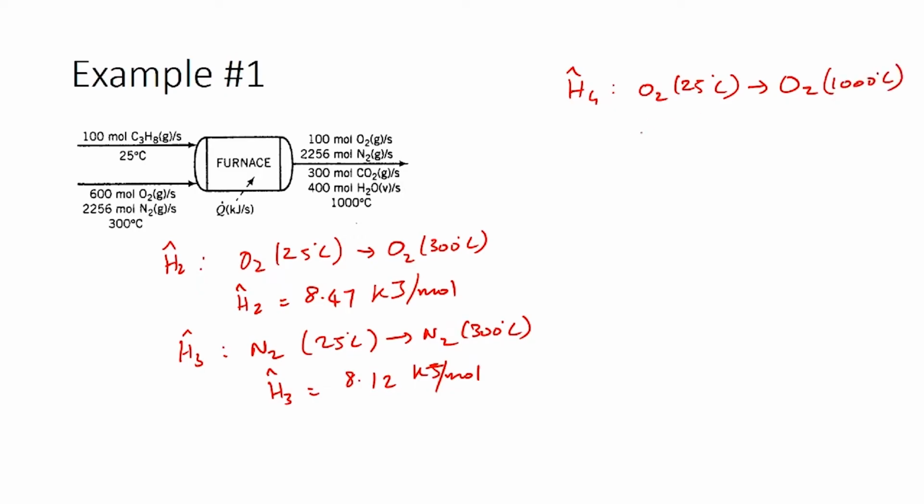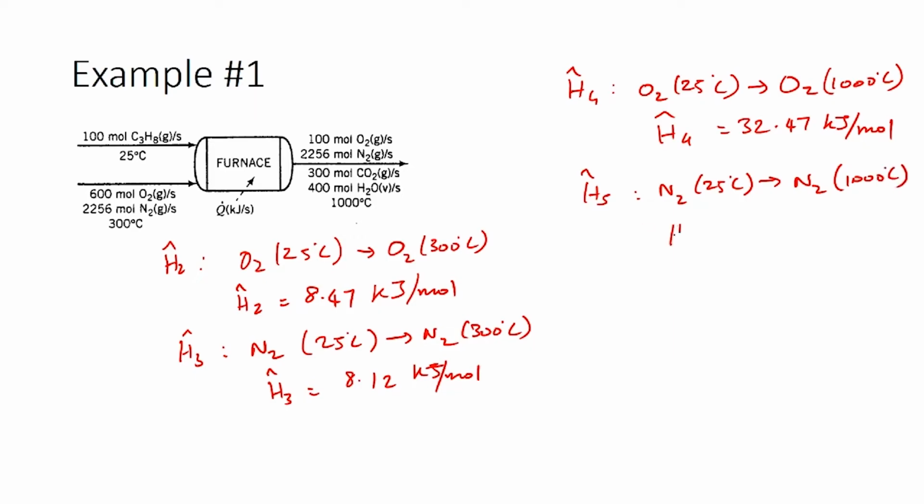So, H4 cap would be equal to 32.47 kilojoules per mole. Again this value can be obtained from the combustion gas tables for enthalpy, and H5 cap would be a similar value for nitrogen, nitrogen at 25 degrees Celsius reference going to nitrogen at 1000 degrees Celsius, which is the exit stream. So, H5 cap would be equal to 30.56 kilojoules per mole.